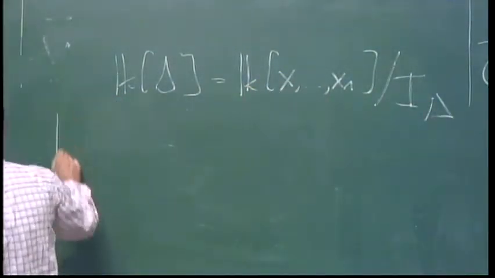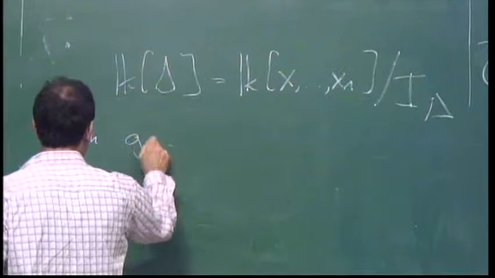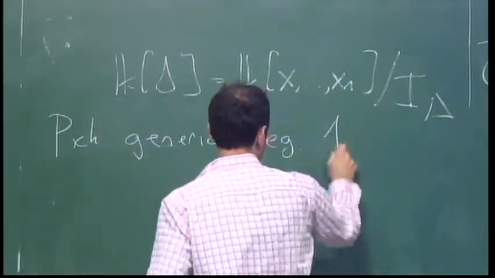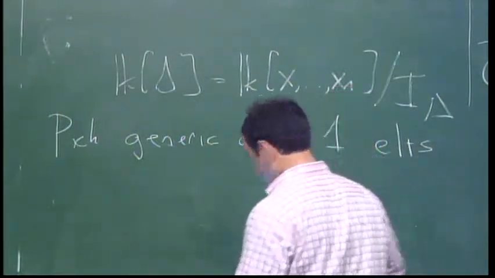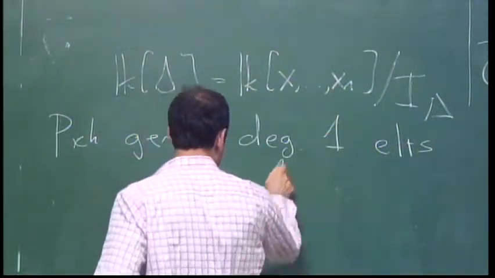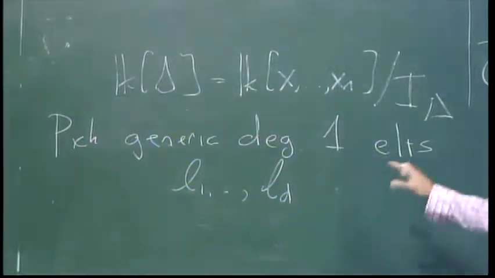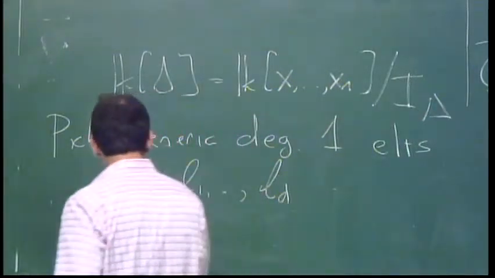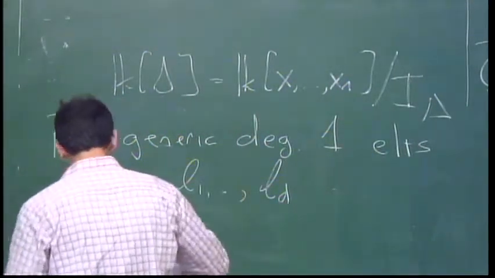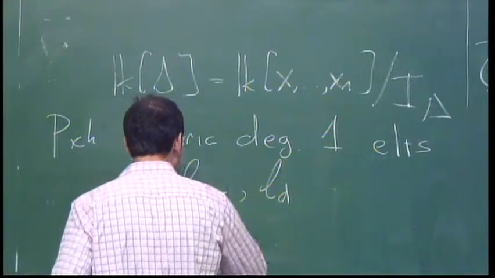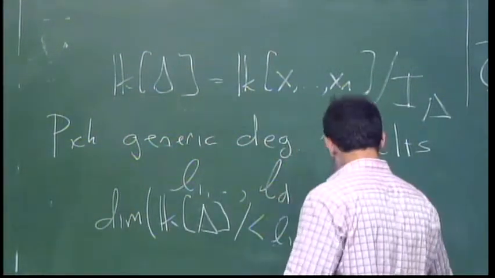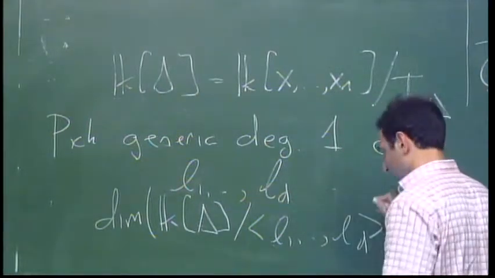And now I'm going to pick generic degree 1 elements, lambda 1 through lambda d. So the number of generic degree 1 elements I pick is equal to the dimension of my polytope. Then it turns out that the dimension of the quotient of the Stanley-Reisner ring by the ideal generated by these degree 1 elements are the h numbers.